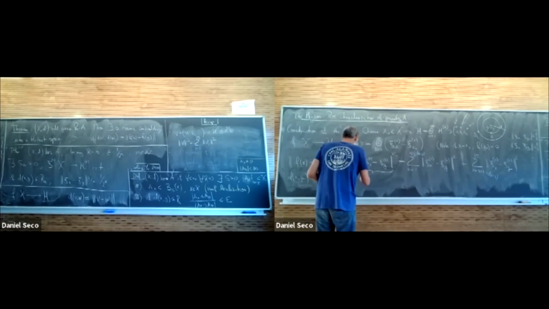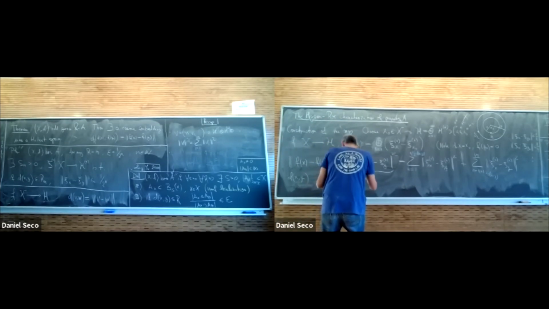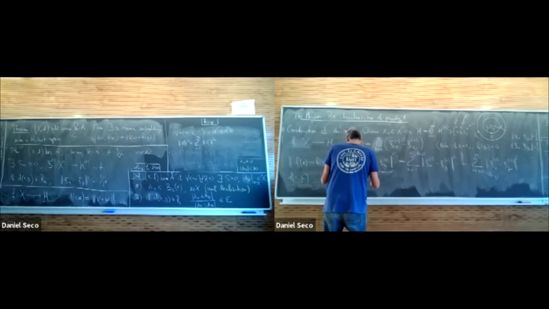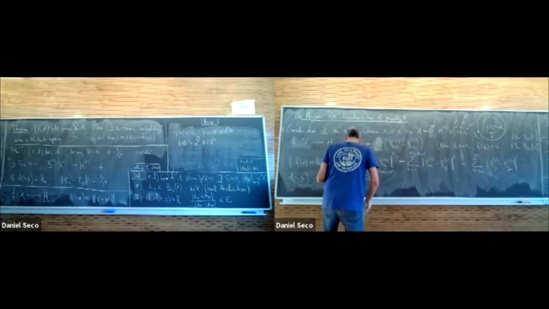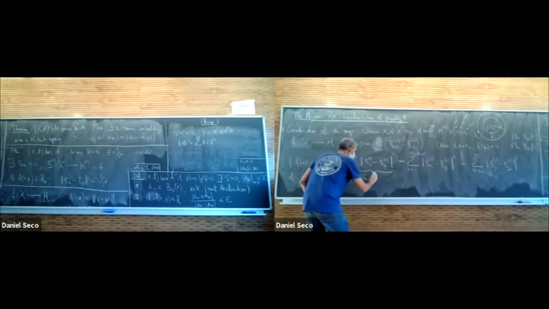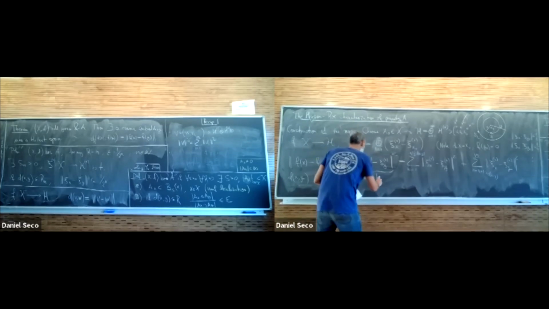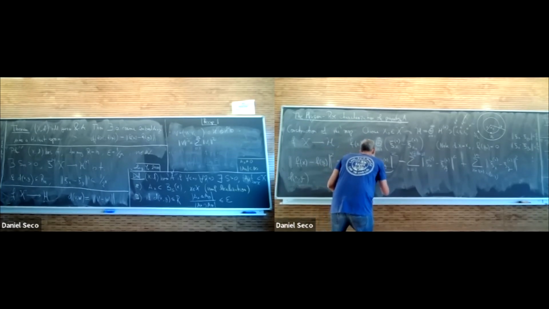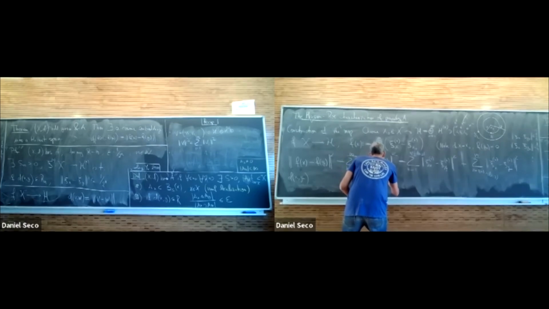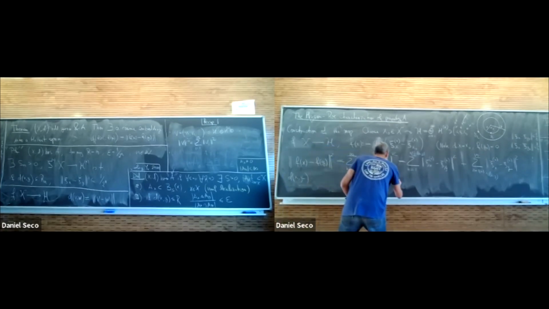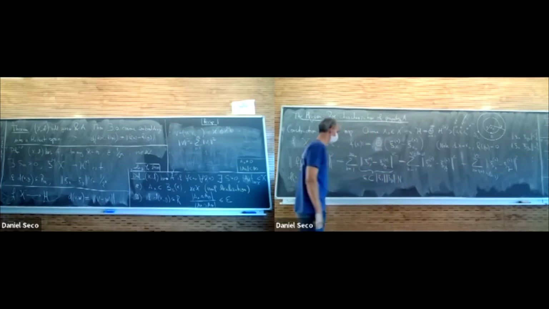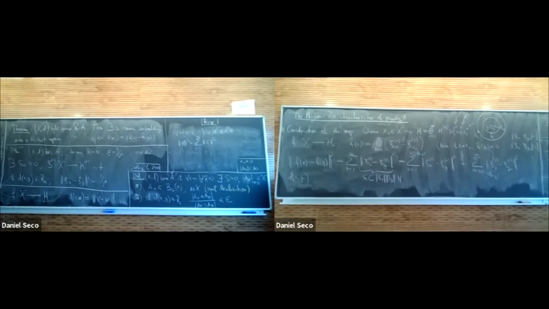And that's smaller or equal than not the constant I have here, but still some constant c times the cardinality of minus.